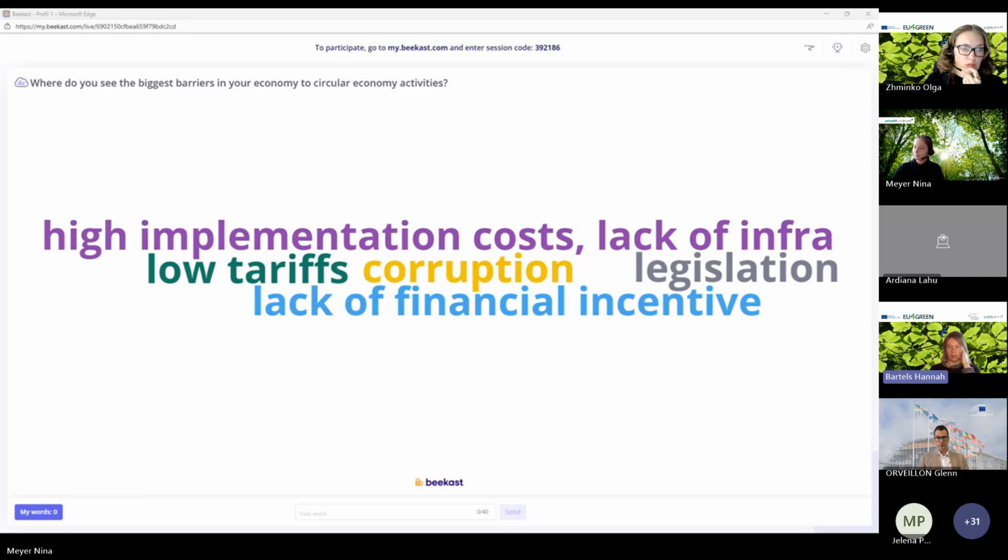Just for not pricing in those externalities and not having the financial incentives necessary to rebuild your business model, as plastic unfortunately, in particular single-use plastic, is still working very well.